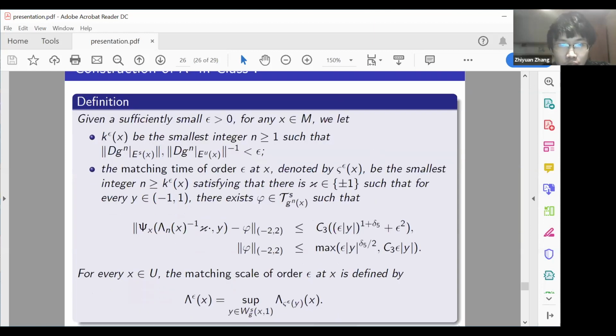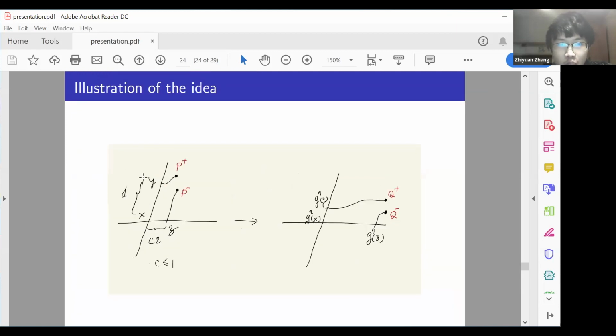Then you choose this scale in the following way. You consider n to be the first number so that both of these are small. This condition is to ensure that, in this picture, this is smaller than epsilon, and this is also smaller than epsilon.